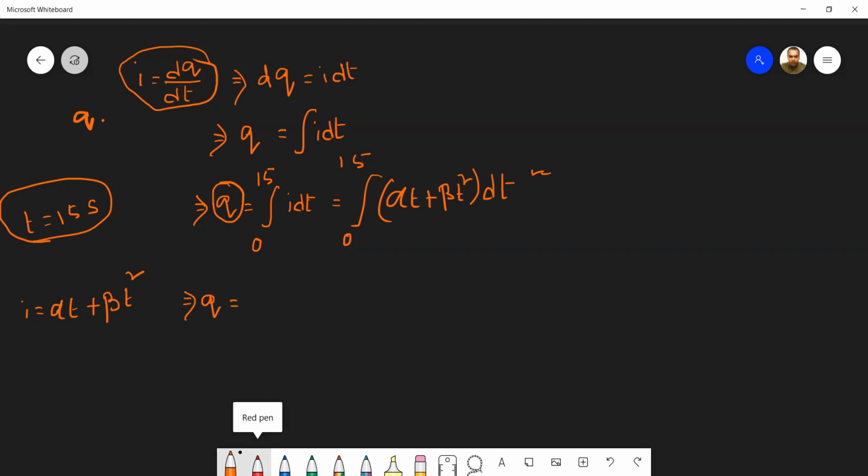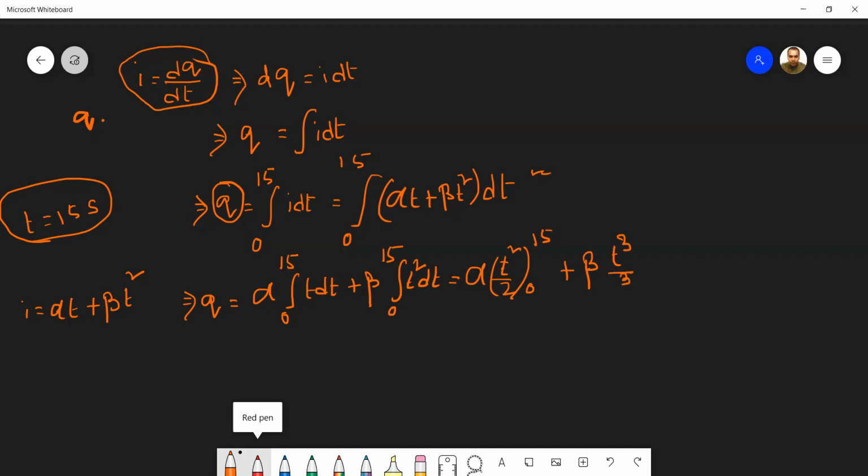So Q is equal to alpha, integration of 0 to 15 t dt, plus beta, integration of 0 to 15 t square dt. Alpha and beta are constants. So alpha times t square over 2 from 0 to 15, and beta times t cube over 3 from 0 to 15.